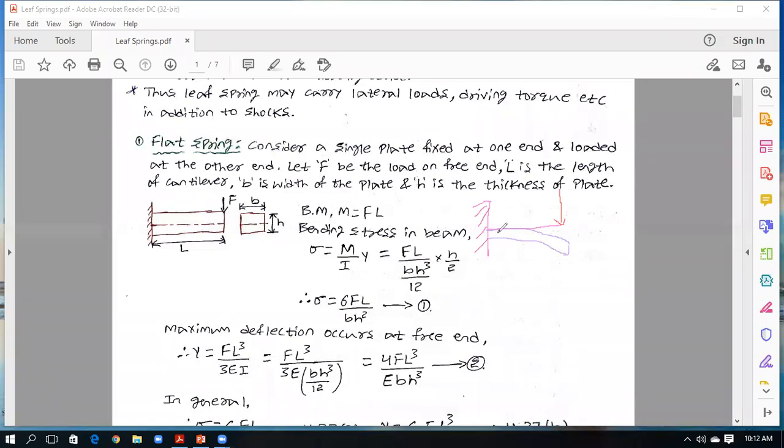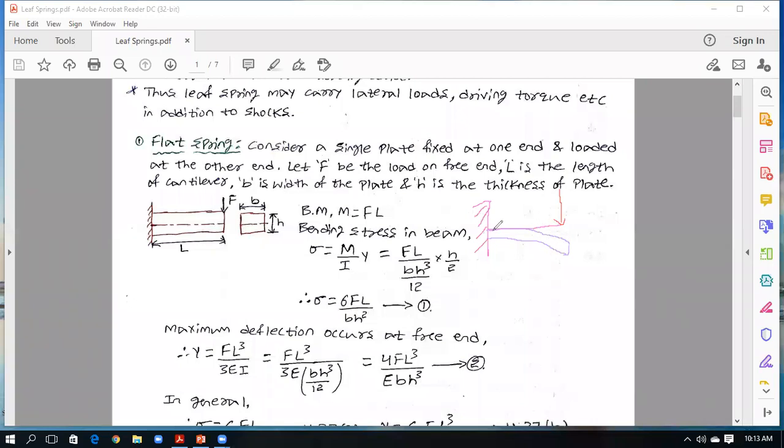In this, if you see, this will be the neutral axis. The fibers which are above will be subjected to tensile load, means the upper fiber will try to elongate, whereas the bottom is getting compressed.